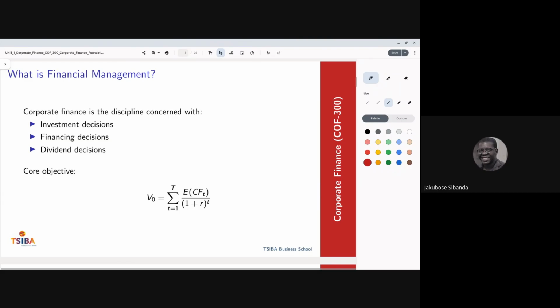So, the core principle of corporate finance is that there are three main decisions that it is concerned with. The first one is the investment decision, the second one is the financing decision, and the third one is the dividend decision.